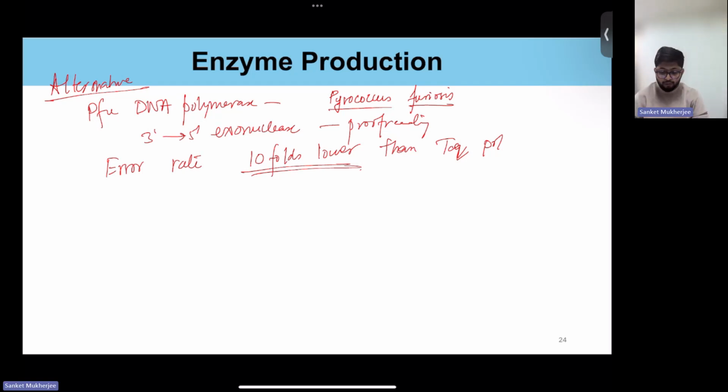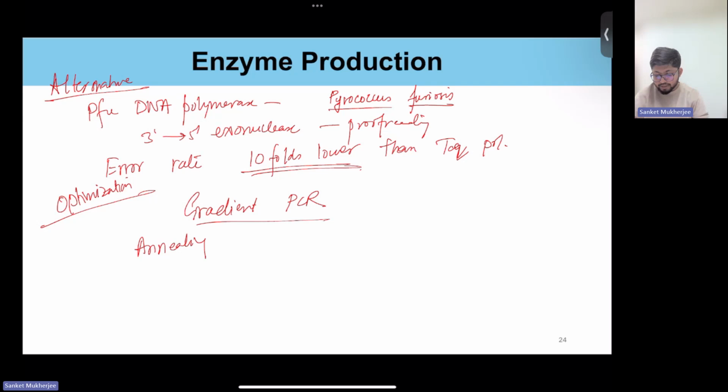So we need to perform optimization in a PCR, right? Usually this is done using a gradient PCR, where the annealing temperature is kept as a gradient.